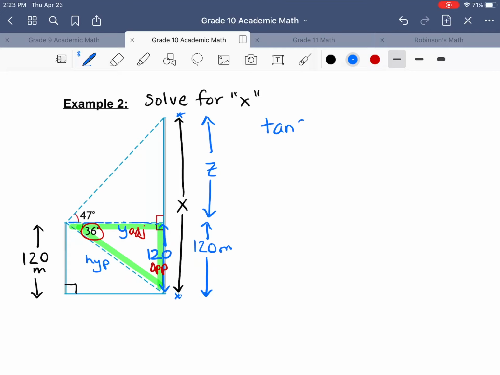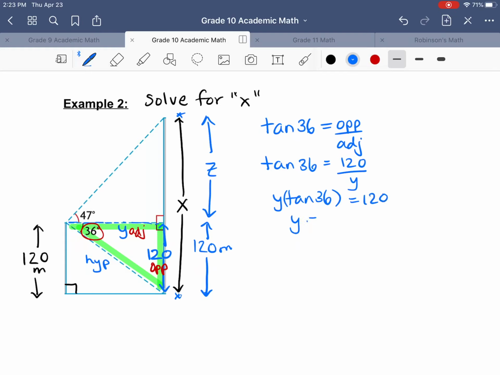So tan of our angle of 36 degrees is equal to opposite over adjacent. Our opposite is 120, and our adjacent is y. To get y by itself, y times tan 36 is equal to 120, and then y is equal to 120 divided by tan 36.